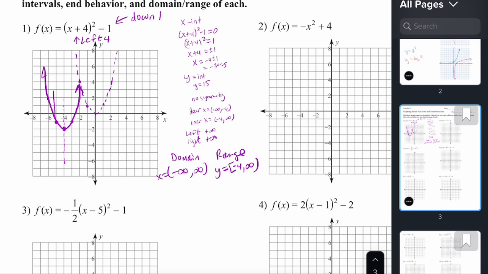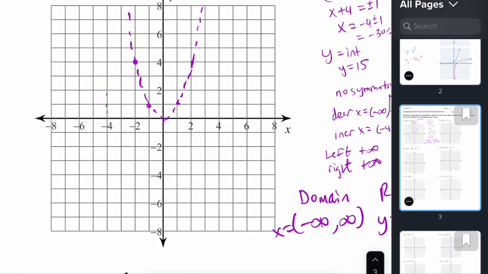Oh, I'm sorry. It should be negative. Oh, that's why. Goodness gracious. Okay, let's go back. That's why my intercepts looked so funky. No, just the graph. Okay. Over 4, down 1.